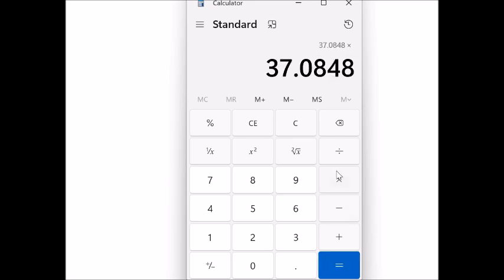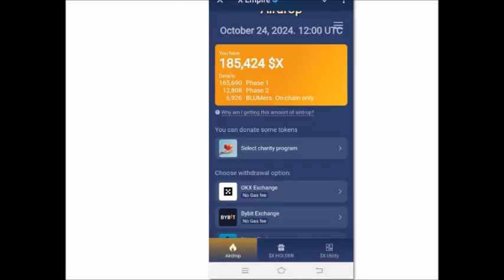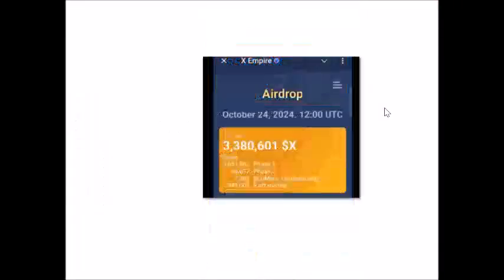Then you multiply $37 by 1,600, and that gives us 59,335 naira. So with this, you can use the allocation that you have to determine what you are going to get from Xempire at this time.